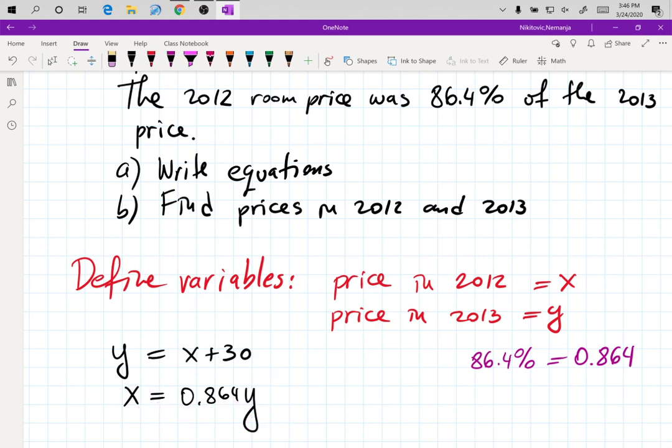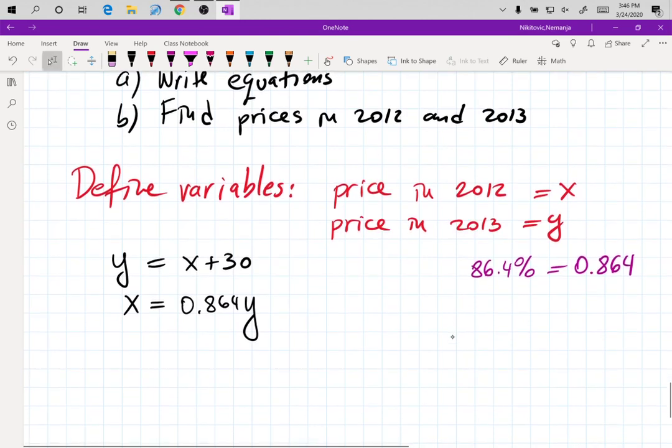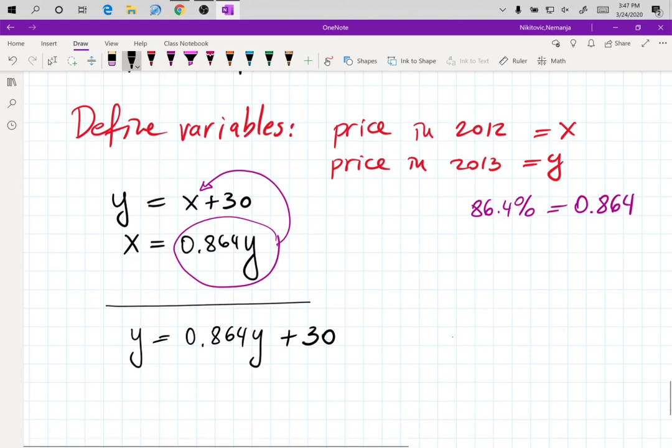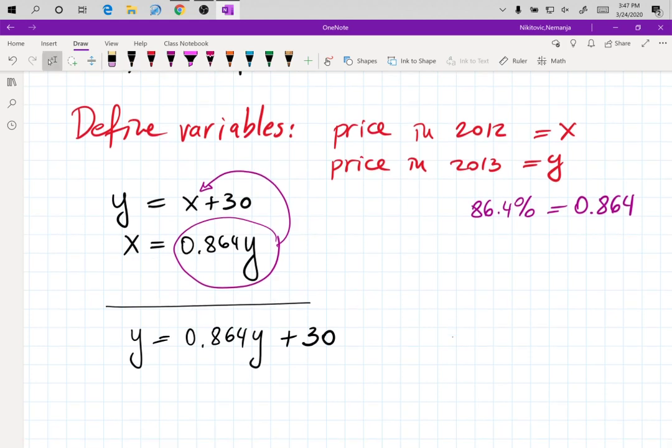And now look what I have. I have two equations with two unknown quantities. All I need to do is to plug in. It's already solved for x over here. We can just plug that in there and be done. y equals 0.864y plus 30. We need to subtract to put y's together, right?